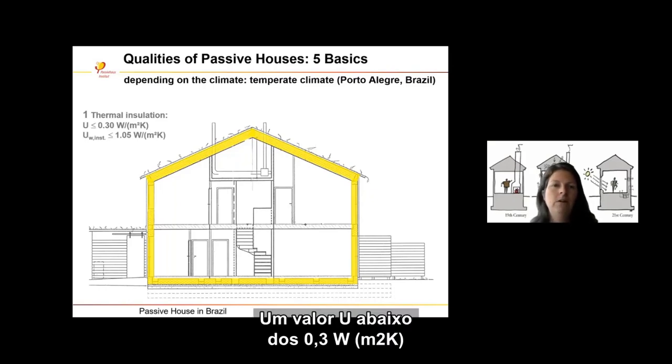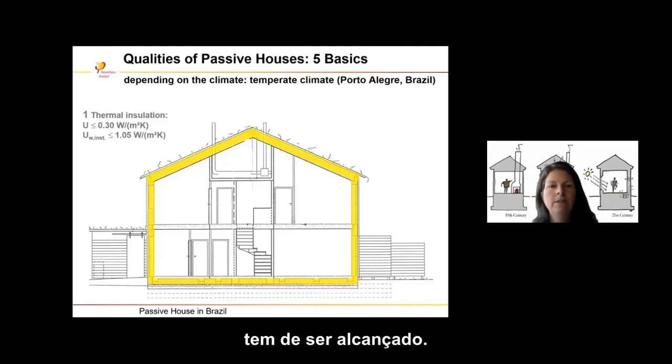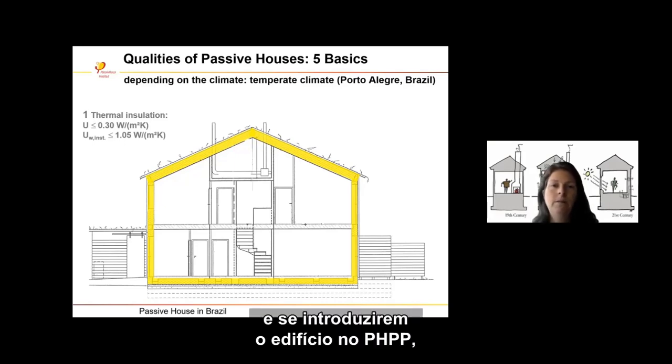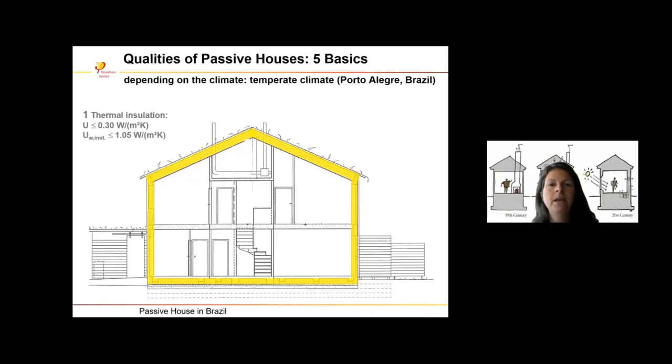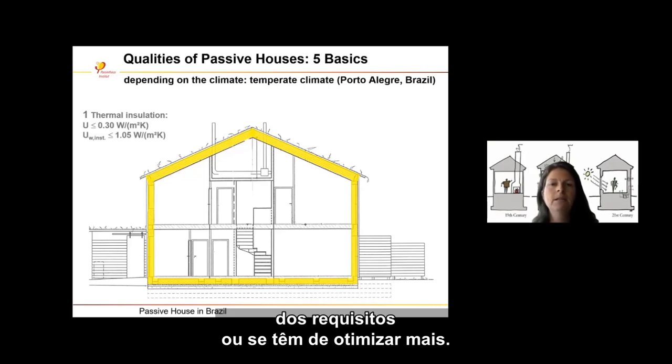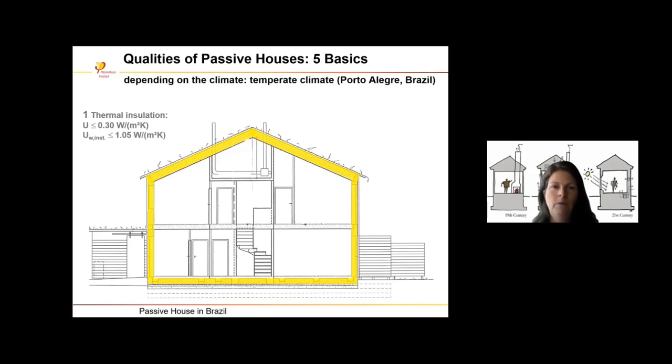A U value of below 0.3 watt per square meter Kelvin has to be achieved. These values are rough guidance values, and if you enter the individual building into PHPP, you will see how far away you are from the requirements, or if you have to optimize a bit more.